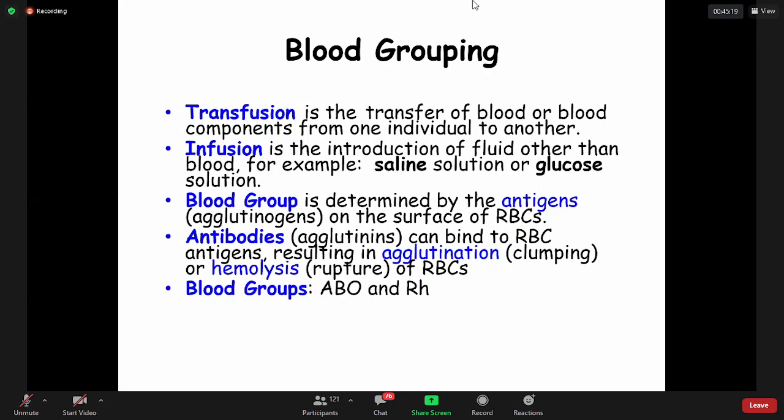The common blood groups that we have are the ABO system, the rhesus system, plus others, including the Duffy and the Kell systems. But commonly, we look at the ABO and the rhesus.